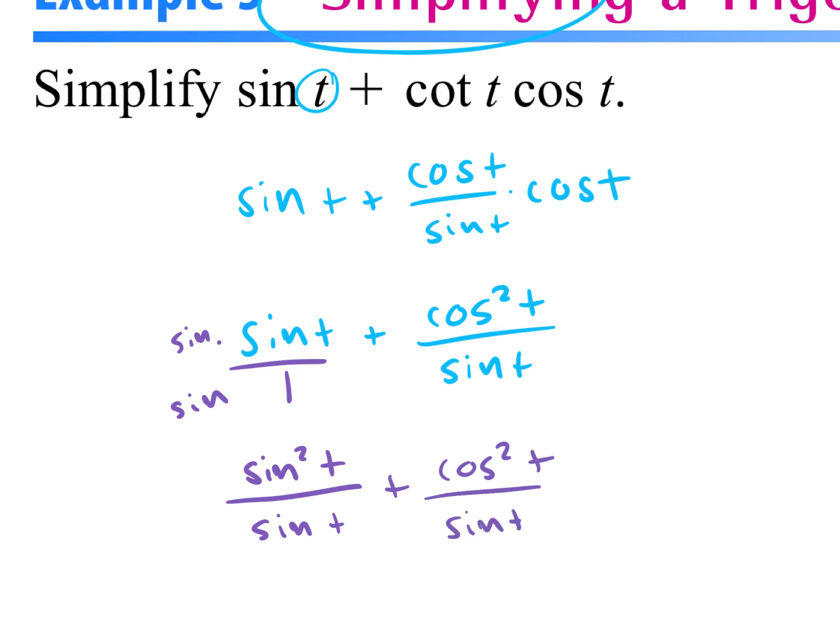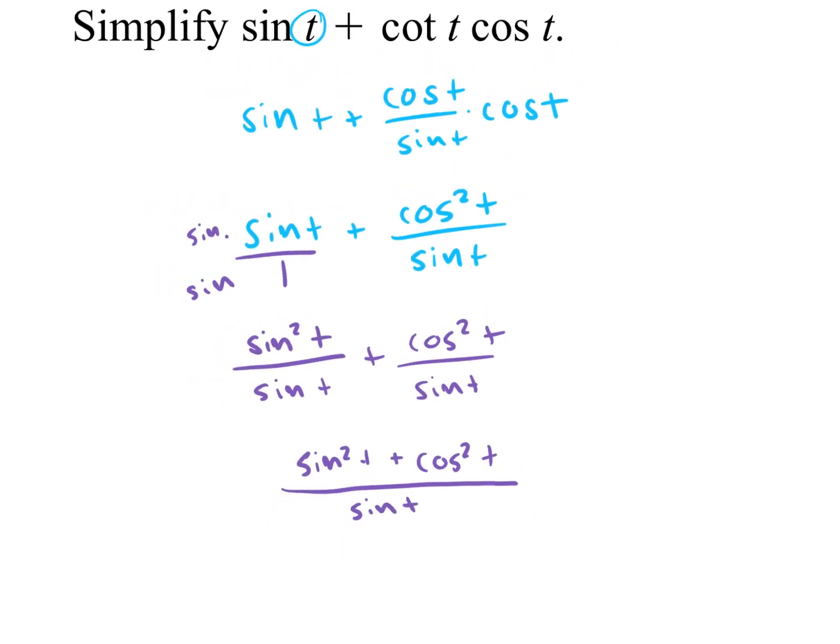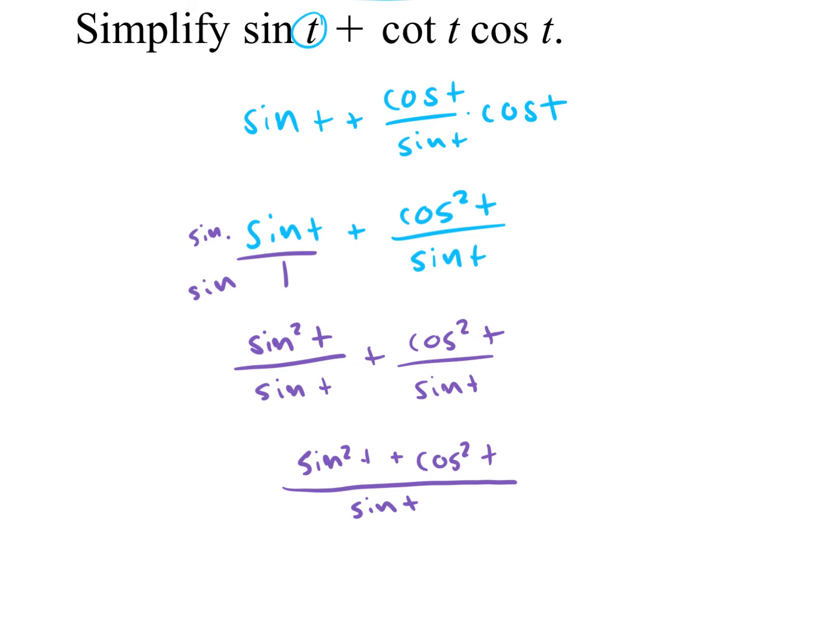Now that I have a common denominator, can I add these together? Yes. So I have sine squared plus cosine squared over what? Just sine. Does anything look familiar here? Awesome. One of our trig identities, our Pythagorean identities, is sine squared plus cosine squared is 1.